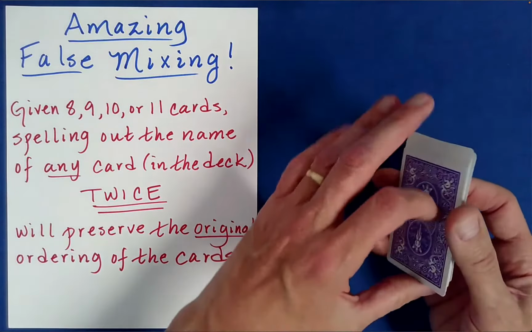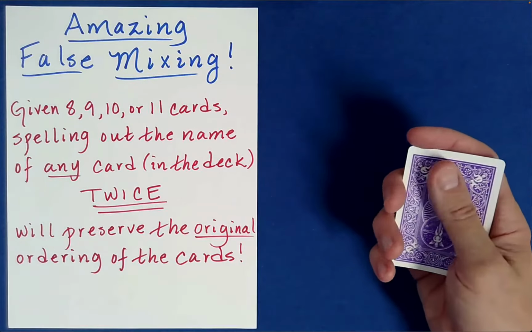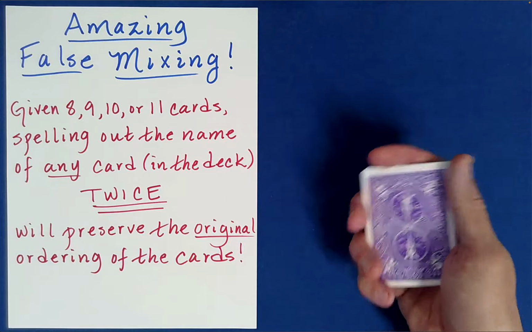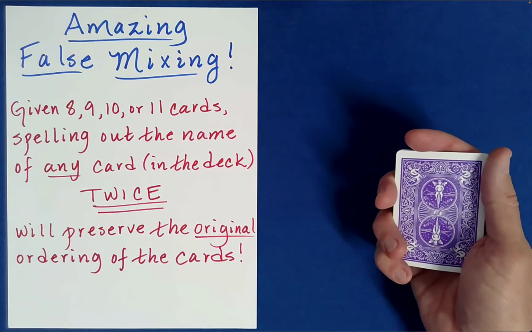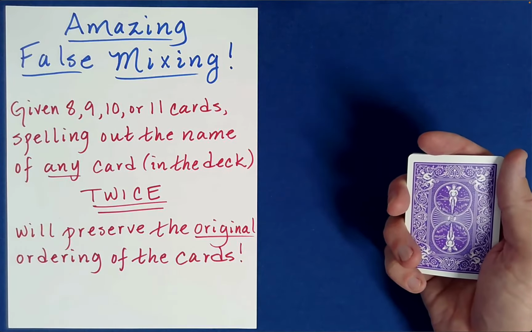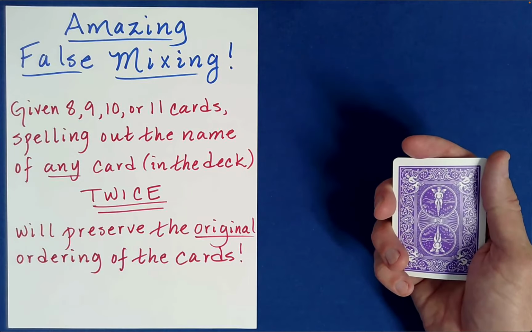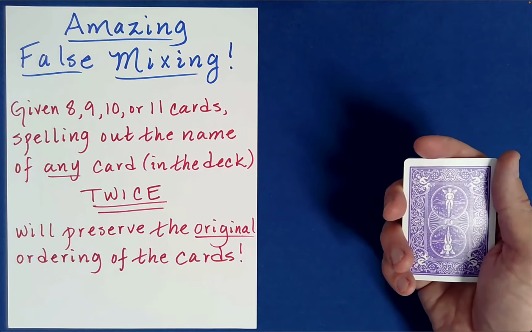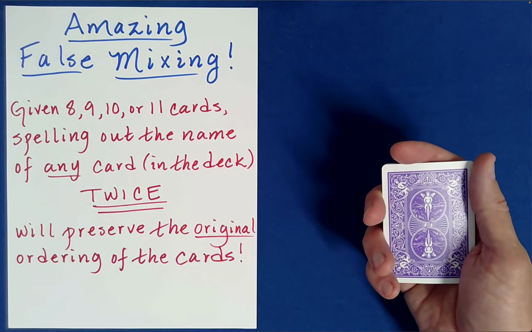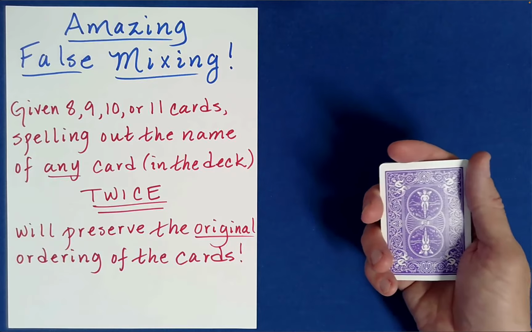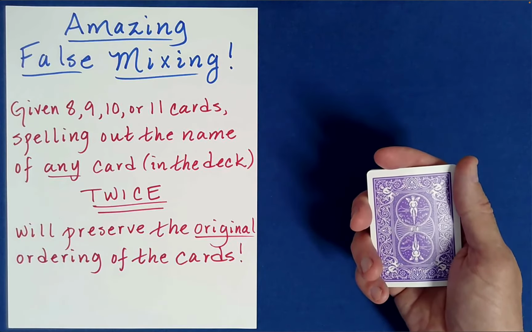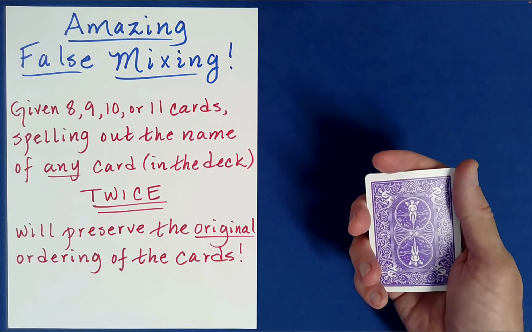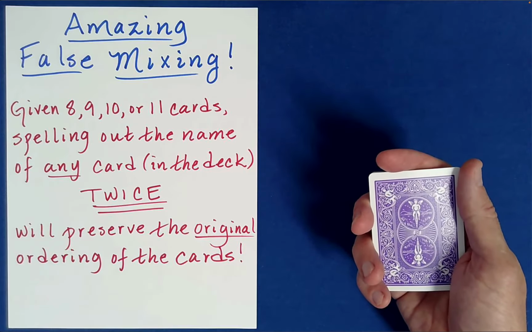So how this false mixing procedure works is if you're given any 8 cards at all, or if 8 cards are in play for some other effect that you're doing, there is a way to, quote, mix the cards but return them to their original order. But boy, does it look like the order of the cards would have to be beyond the knowledge of anyone, especially since the spectator is going to be allowed to choose any one of the 52 card names to use.